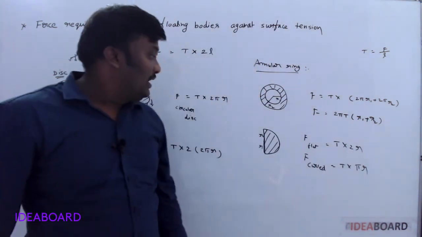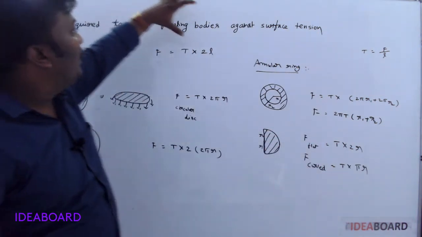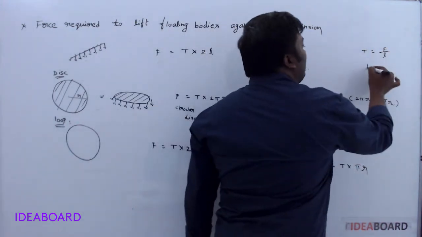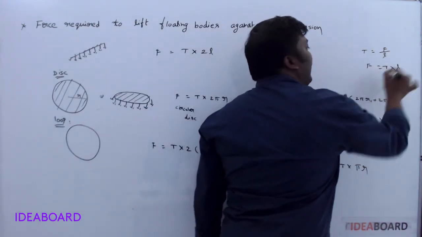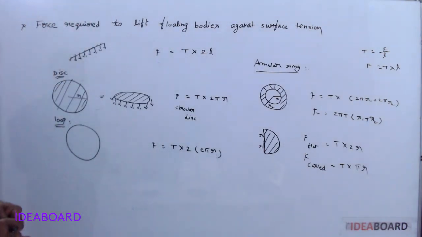So depending on the question, you can go to the general formula: force required to lift a floating body is surface tension into the length. Is it clear? In this way, there are some questions asked related to the force.